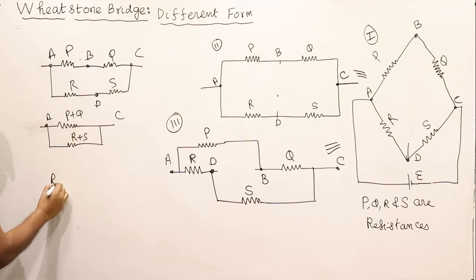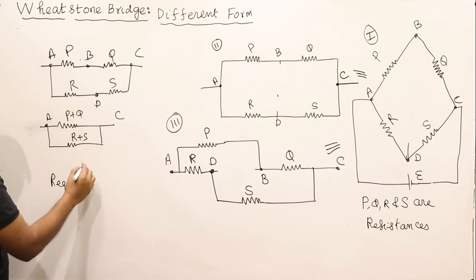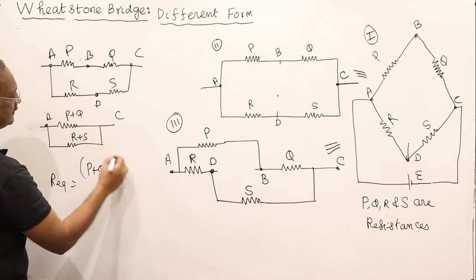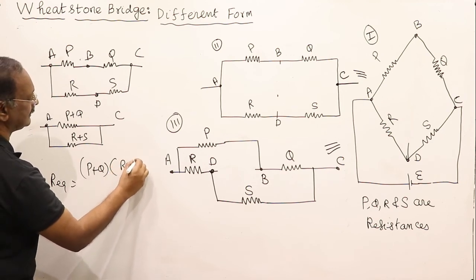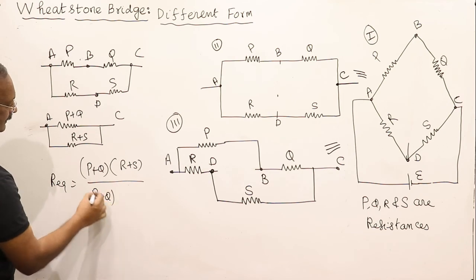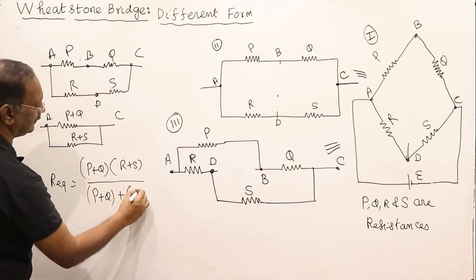So R equivalent equals the multiplication of both, P plus Q times R plus S, divided by the addition, that is P plus Q plus R plus S.